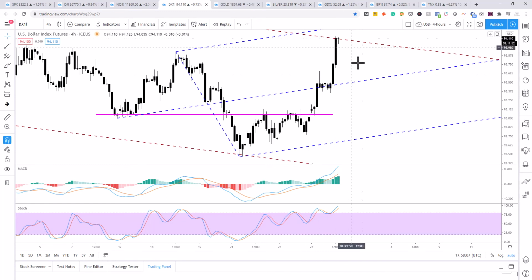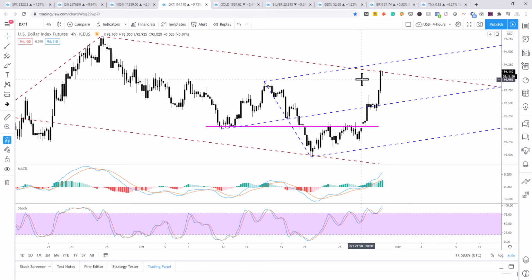That's exactly what we're seeing here. And then the dollar makes this big run off to the upside. Interesting that we get this interplay at the median line of this blue Andrews pitchfork.